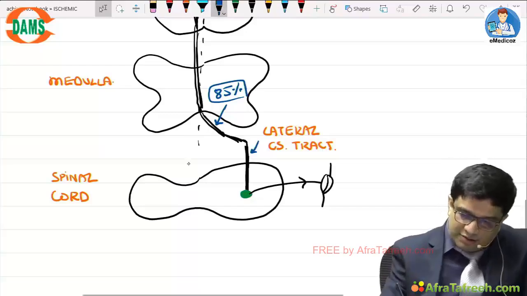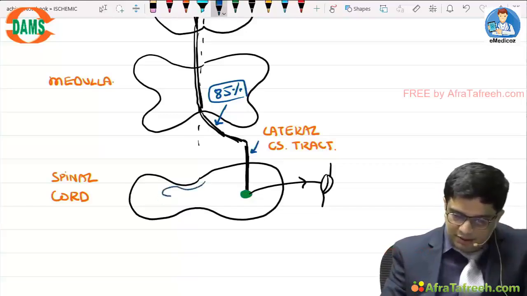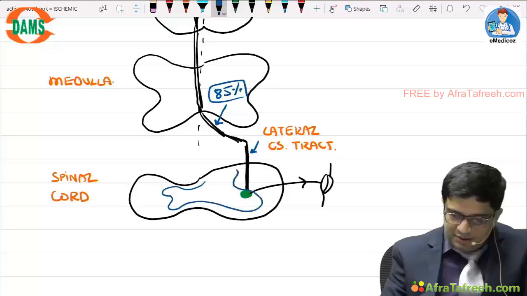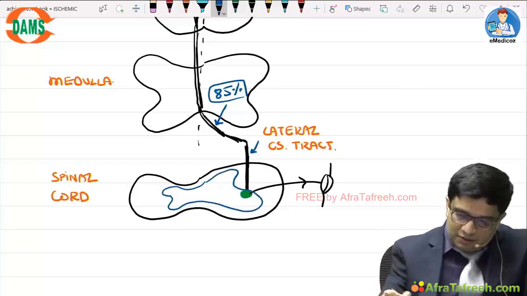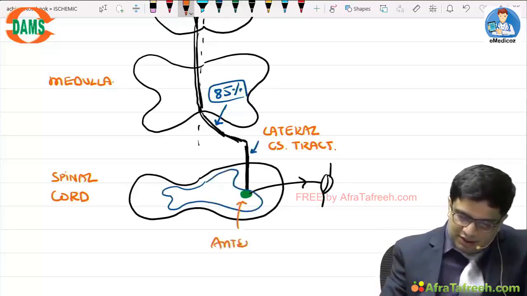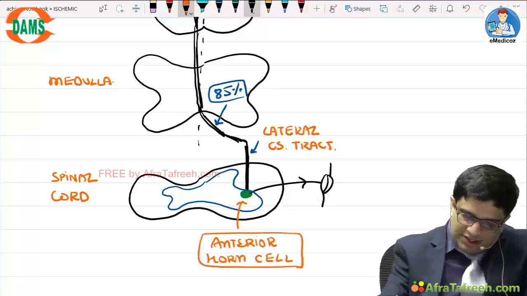So if I make a small gray matter inside, somewhere in the anterior horn of the gray matter of the spinal cord, we have our anterior horn cell sitting. Anterior horn cell is also known as a motor neuron, right? So AHC.